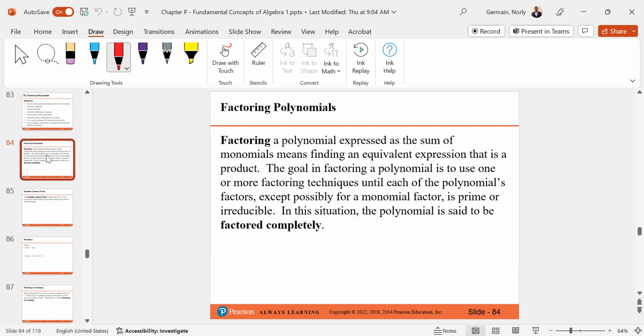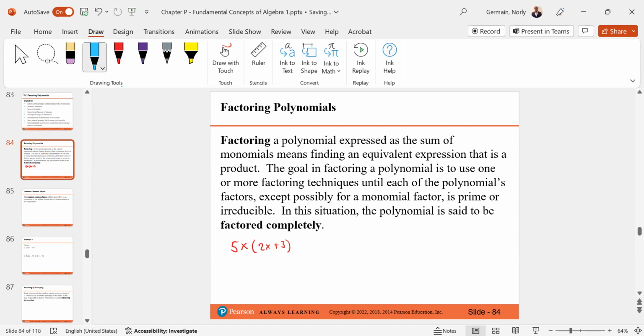All right. So you know that you can distribute. For example, if we have 5x times 2x plus 3, and they ask us to distribute these expressions, a monomial with a binomial, remember what we did?